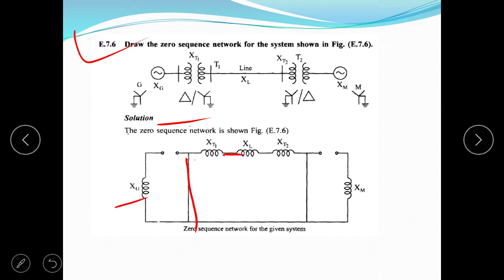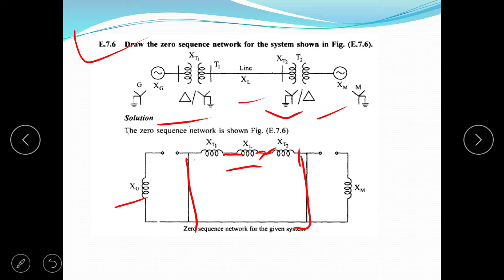Similarly, for the transmission line, the zero sequence network is simply a series reactance, that is XL. Next, for transformer T2, the connection is star grounded and delta. So at the star grounded side we close the series switch. Now for the delta side we operate the shunt switch and the series switch is kept open.